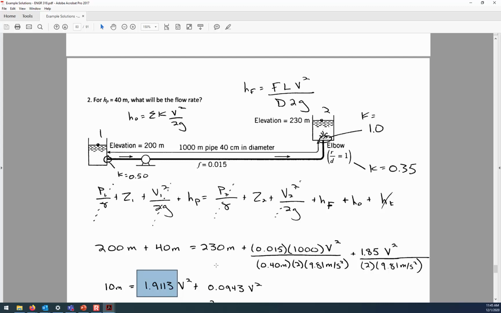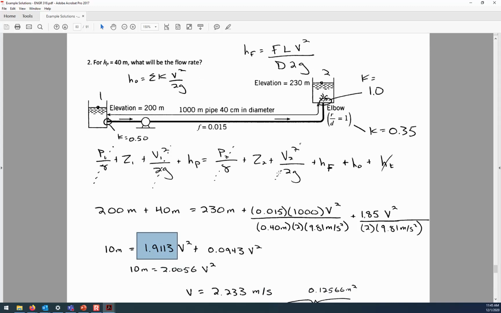Local losses are sometimes called minor losses for the simple fact that they don't contribute, in most cases, that much to the losses. When you take a long distributed pipeline loss into account, the fittings and the valves are in some cases negligible. It depends on how long the pipe is and how fast the water velocity is, but the local losses are usually less important than the friction losses.